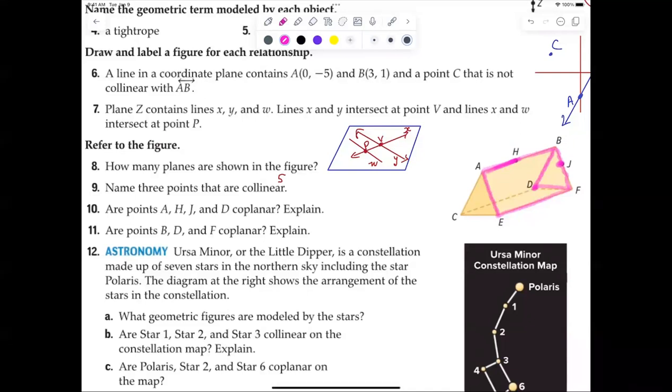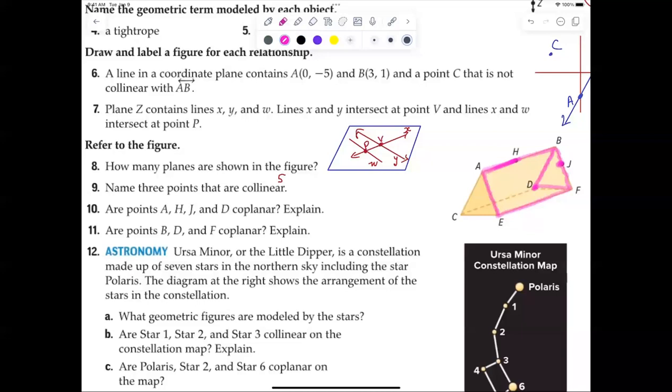Some of you have to practice more than others to see it properly. Some people do really well in the first test because they're visual. You can get visual by practicing. Trust me. So are they coplanar or not? No, they are not coplanar because D is not on the same plane.